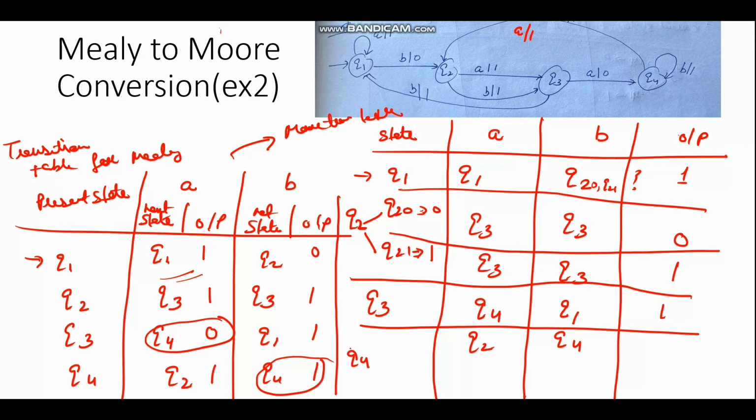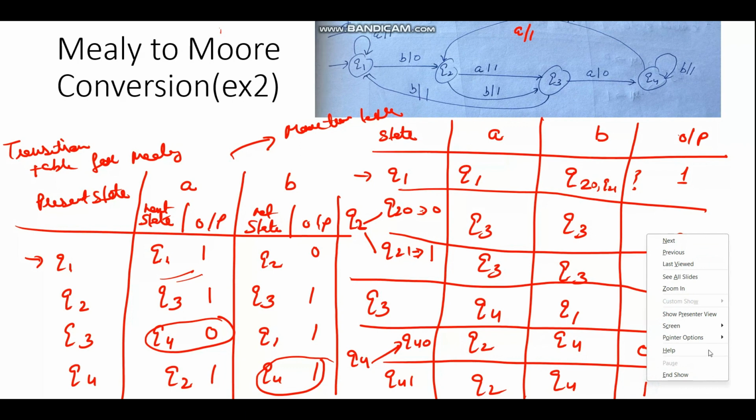It means there is a conflict and we need to separate it into 2. So we will separate it into Q4 0 and Q4 1 states. There is no change in the transitions because they are based on the input symbol. The next state we will write as it is. Now the output for Q4 0 is 0 and for Q4 1 the output is 1 in this case.